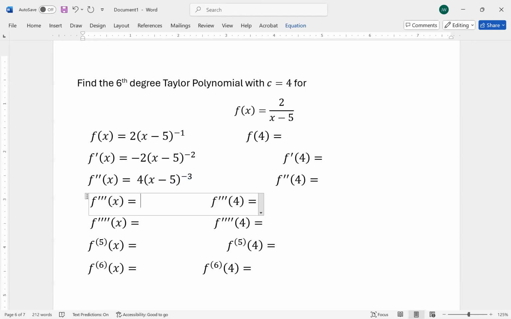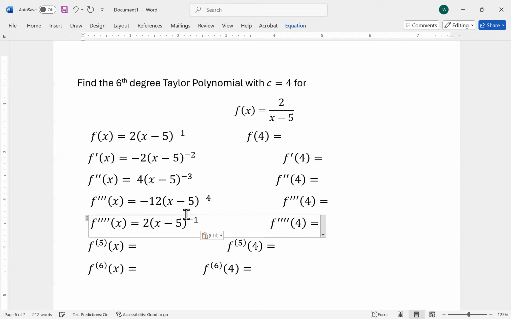If I do the third derivative, I end up getting a negative 12 times x minus 5 to the negative 4. If I do a fourth derivative, I end up getting a positive 48 times x minus 5 to the negative 5. Fifth derivative, take negative 5 times 48, and that gives you negative 240.